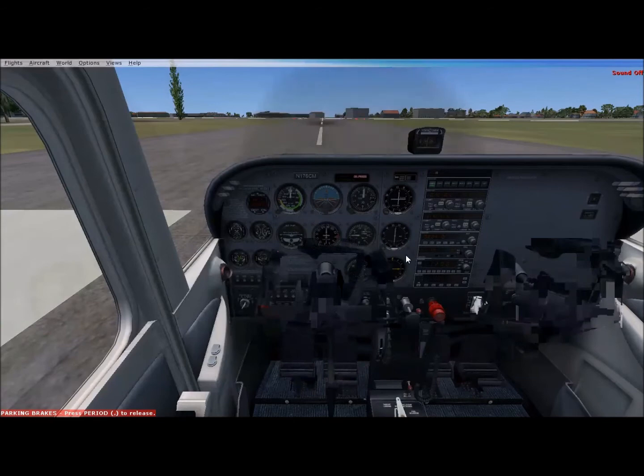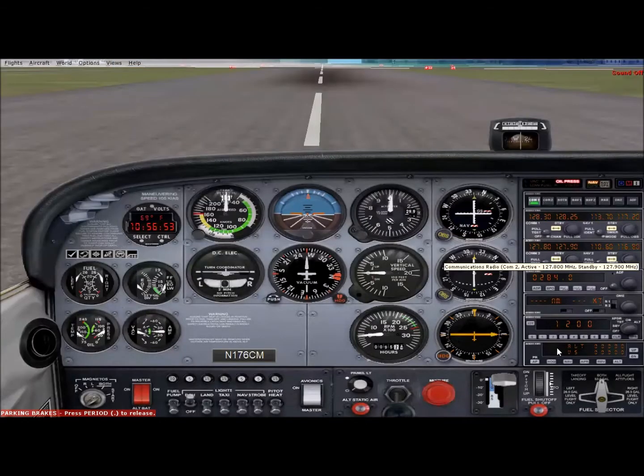Okay, now we will switch to a 2D view to have a better view of the instrument console. Now let us look at each instrument and try to understand. This is the main, what's called a six pack. This is the indicated airspeed indicator.